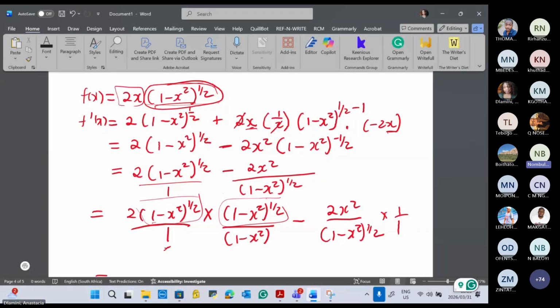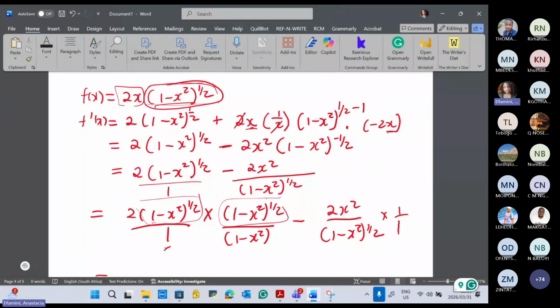Then we can make root 1 minus x squared the common denominator. Multiplying that will cancel the square roots and we'll have 2 minus 2x squared minus 2x over root 1 minus x squared. Okay, so I understand what you mean.